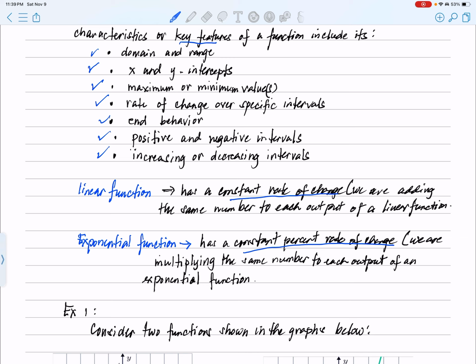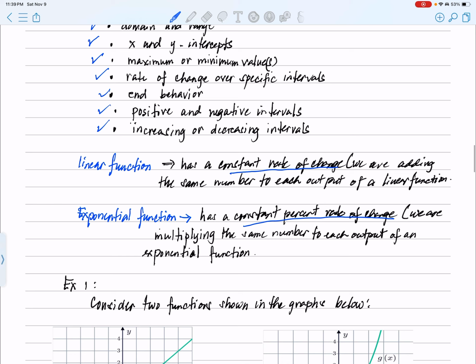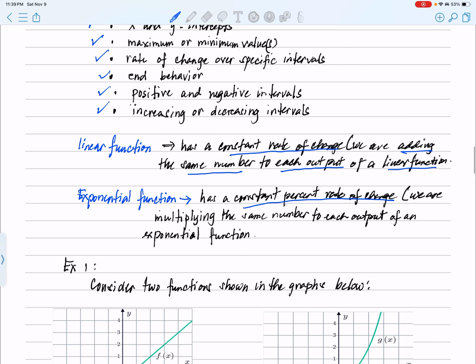What do we mean by that? For linear, we are adding the same number to each output of a linear function, while in exponential, we are multiplying the same number to each output of the exponential function.